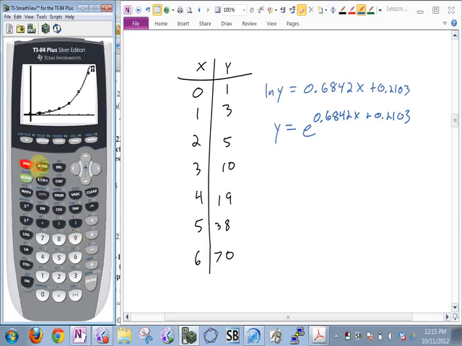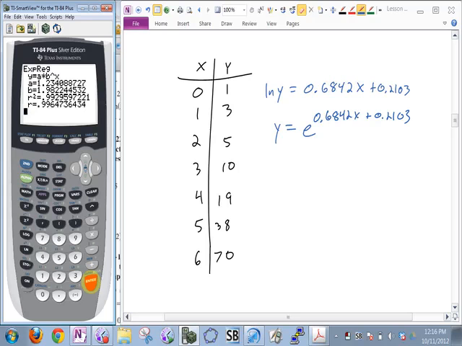Go back to your stat menu, go to calc, and actually find the exponential regression now. Let's do an exponential regression with L1 and L2. Same exact correlation coefficient, correct?